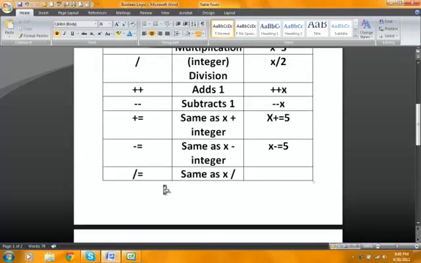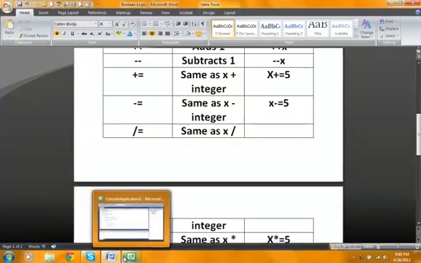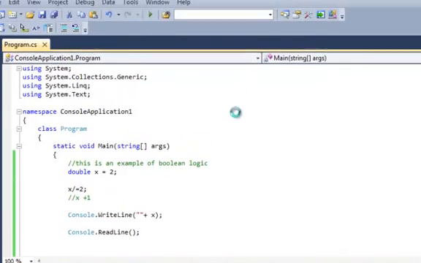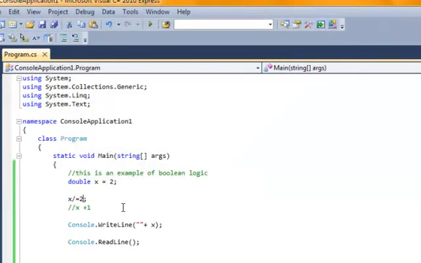Now, I want to show you another thing. It's divide equals, and it's the same thing. So I could say divide equals 2, and here we would get 1, because 2 divided by 2 is 1.